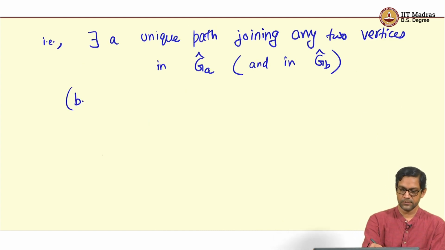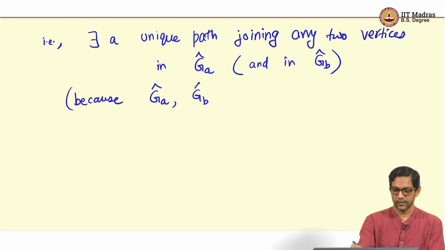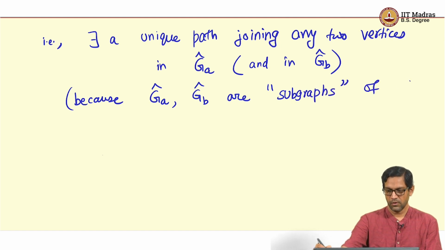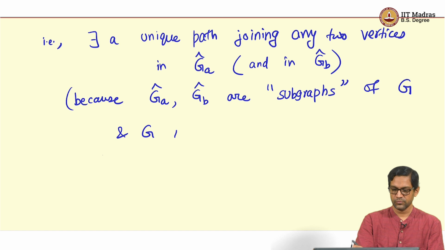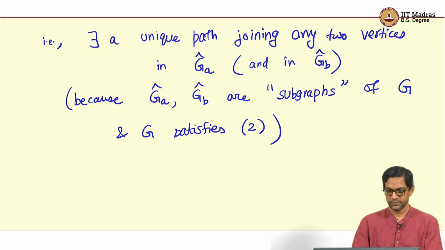Why? Because GA hat, GB hat are what we would usually call subgraphs or induced subgraphs of the original, and G satisfied that property too. Therefore, the same property is inherited by the subgraphs.